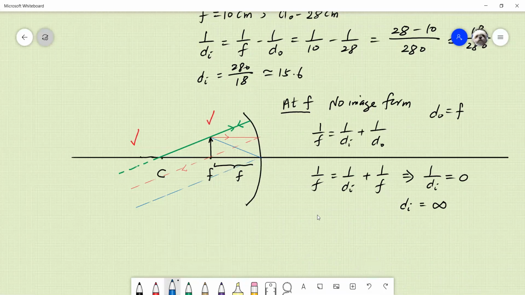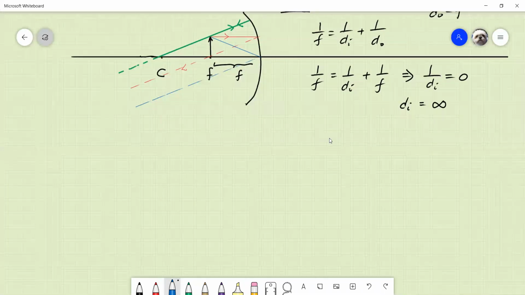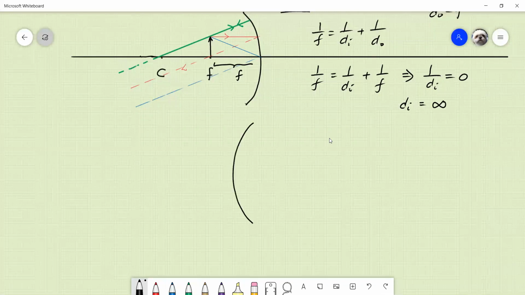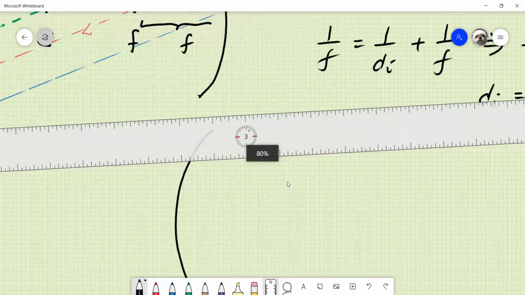Now, what I'm going to talk about now is the convex mirror. What does a convex mirror look like? A convex mirror looks like this. And then I'm going to draw my principal axis, the optical axis or principal axis, right?